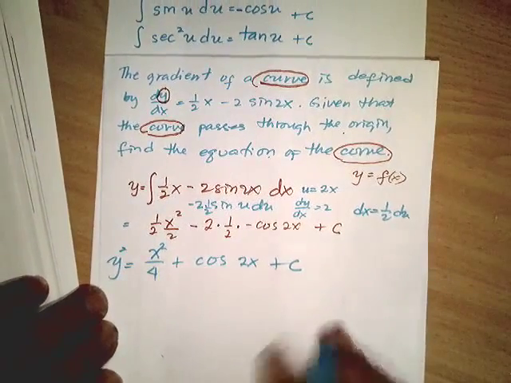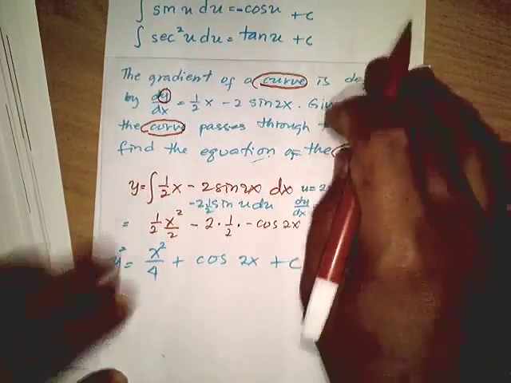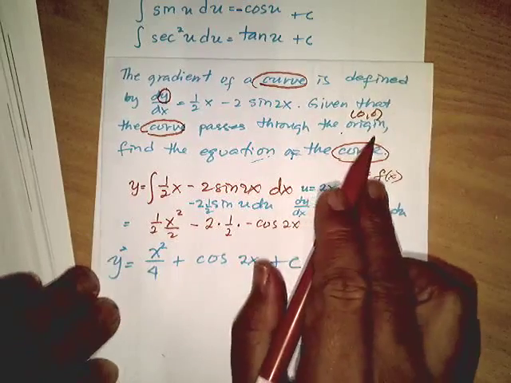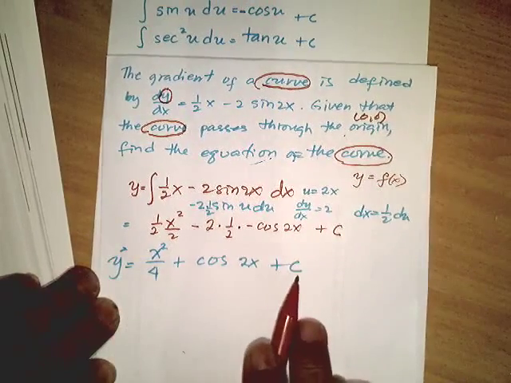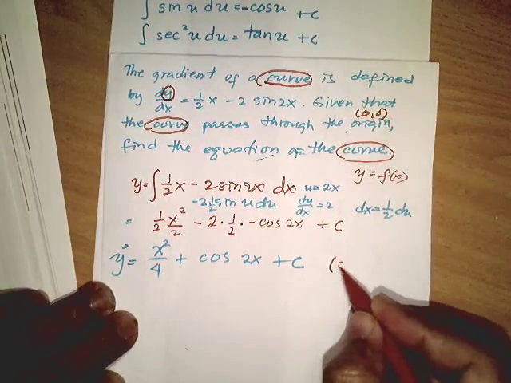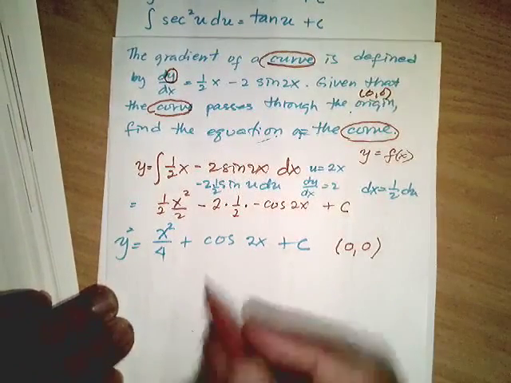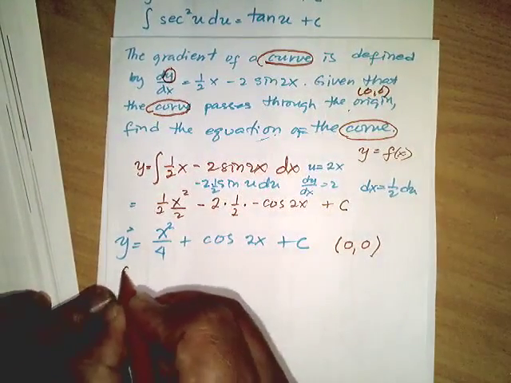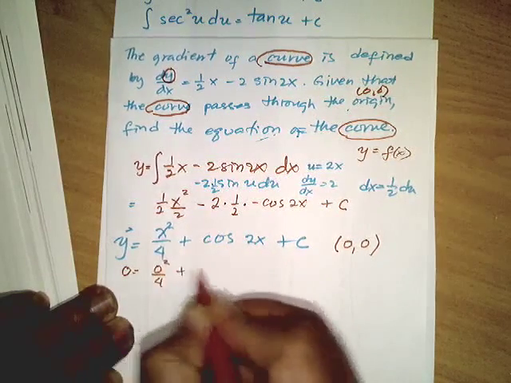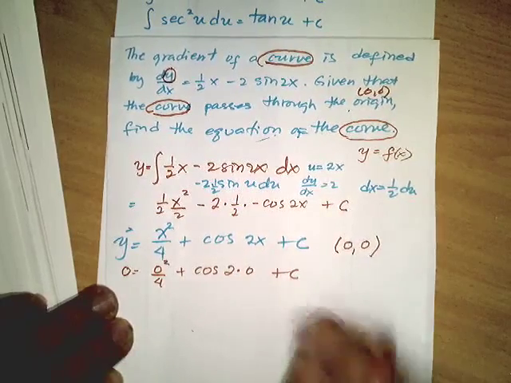When you look at the question, it says the curve passes through the origin. The origin, again, is the point (0, 0). If it passes through the origin, you can find the c because it gives you the specific values x equals 0 and y equals 0.